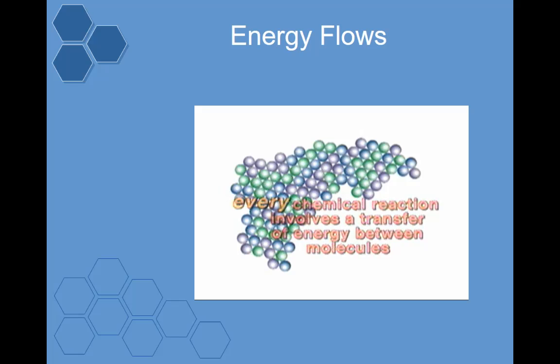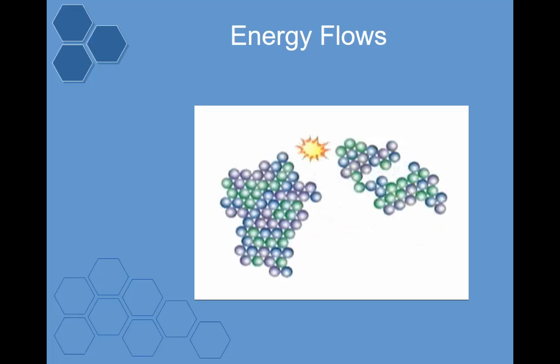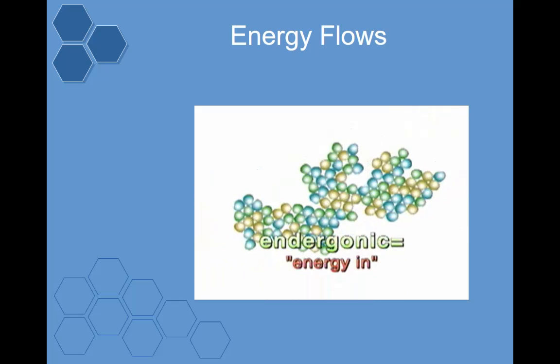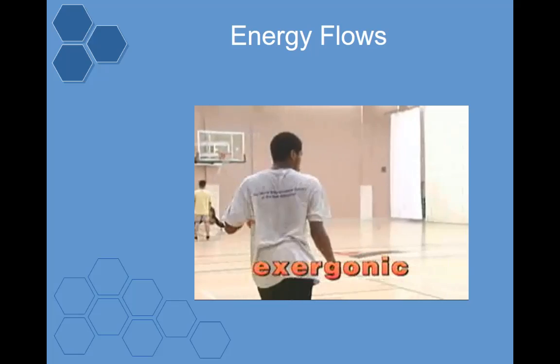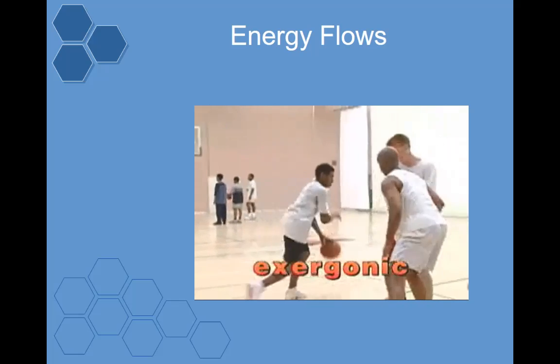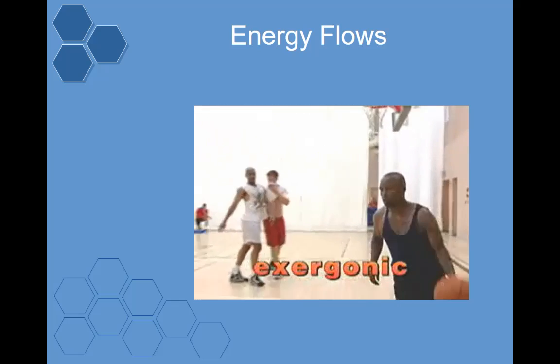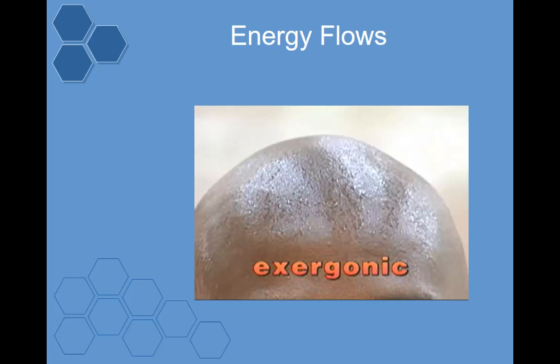Reactions that release energy by breaking down chemical bonds are called exergonic reactions, or energy out. And those that consume energy by building chemical bonds are called endergonic reactions, or energy in. Exergonic reactions are happening in the bodies of these basketball players. Chemical reactions are going on in their muscle cells, which release the energy that contracts their muscles and propels them. The heat that their bodies give off is another form of energy and a byproduct of those reactions.